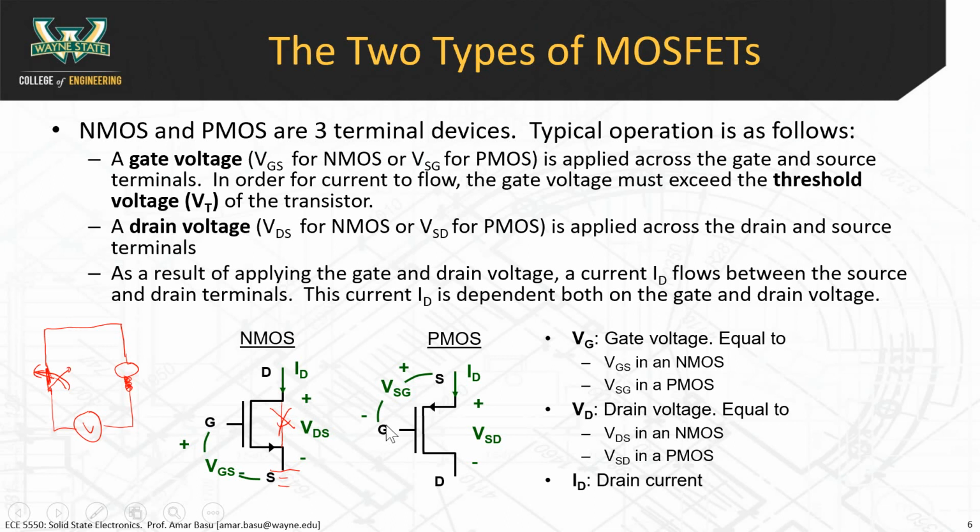In order to turn the device on, your VSG has to be larger than a threshold. When you turn the device on, that allows current flow between the source and the drain. You apply voltage between the source and the drain in order to drive current through. So these essentially are electronically controlled switches. Both of these devices are.